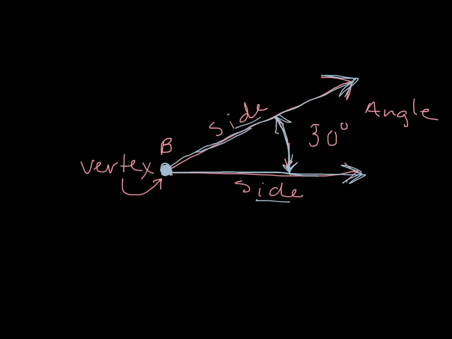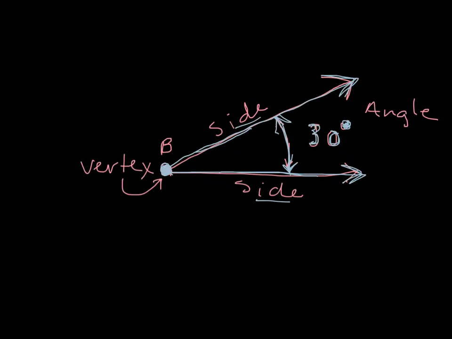So in the sketch here, the angle measures 30 degrees. And then we use the little degree symbol that we're familiar with from temperature, but it also represents degrees for measurement. The degree symbol indicates degrees.